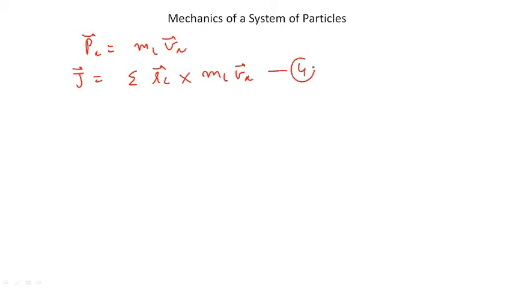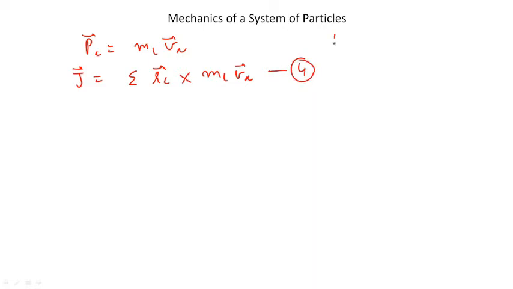We know that P_i is the linear momentum, and for the i-th particle it can be written as m_i V_i. So the total angular momentum can be written as R_i cross m_i V_i. Let us say it is equation number 4.